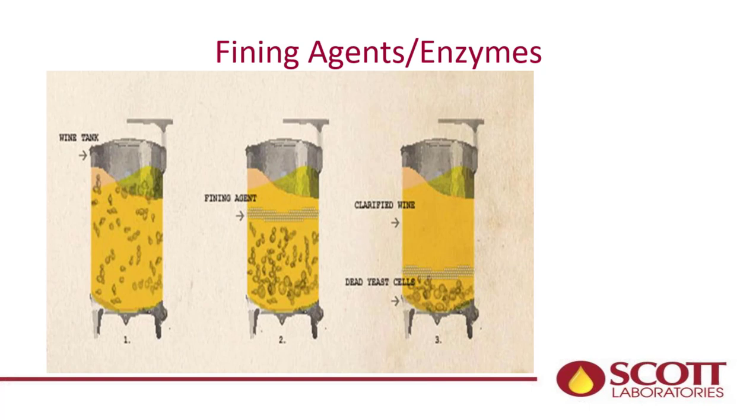And this is kind of a pictorial way to look at it. You have organisms all up and down throughout the tank. You add your finding agent, they will precipitate down to the bottom of the tank, and then you rack this clarified stuff off.